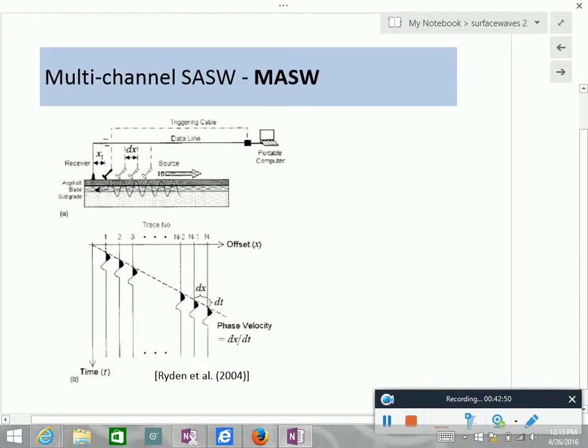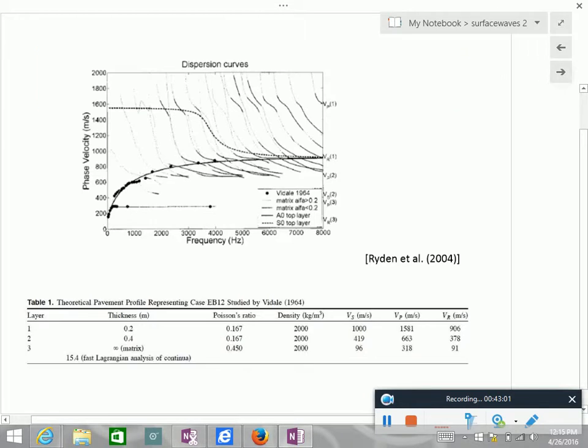In pavement testing, in the late 90s, beginning of 2000, people started to look at dispersion planes like that. So instead of just looking at the dispersion curve, if we look at the two-dimensional case, we are able to see immediately what the layering of the system is, what is behind. And the process of inversion is a lot more accurate.